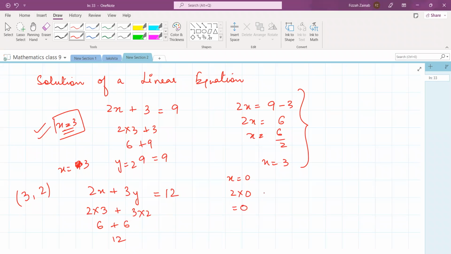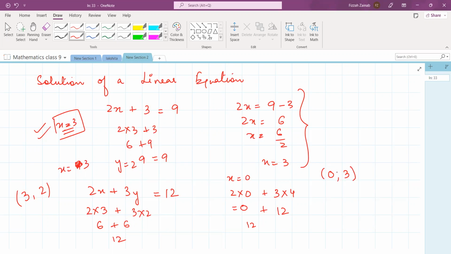So here I can put y is equal to 4, right? So 3 into 4 is 12. So 0 plus 12 will actually give me 12. Is this understood by everyone? So if I take x is equal to 0 and y is equal to 4, again I'll get my left hand side equal to 12. You can check this, right?